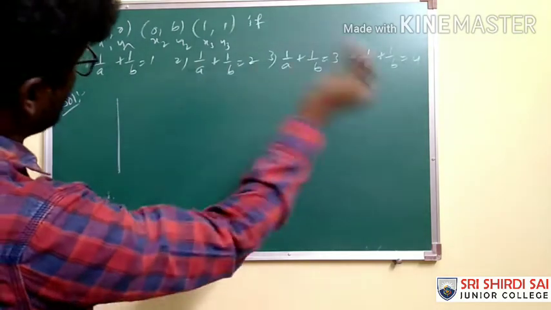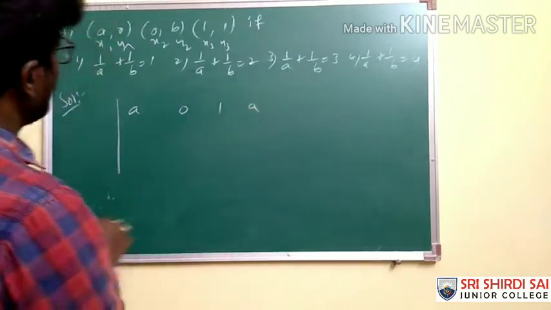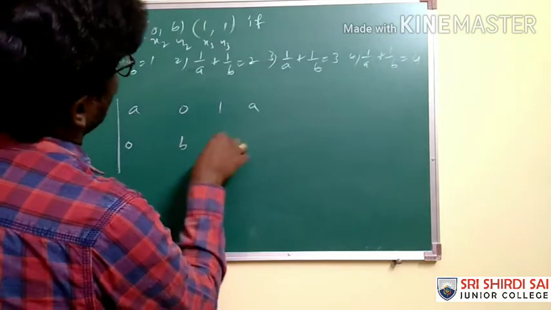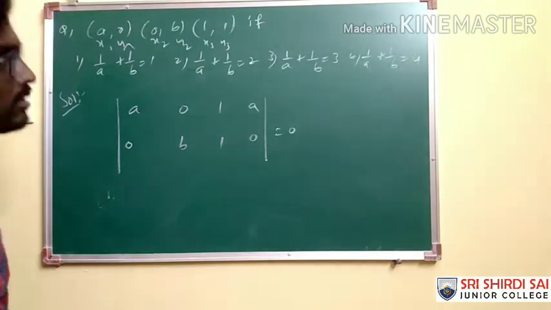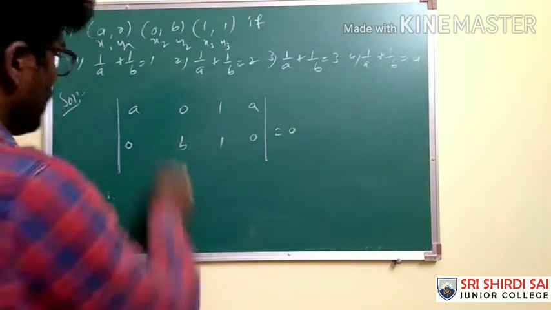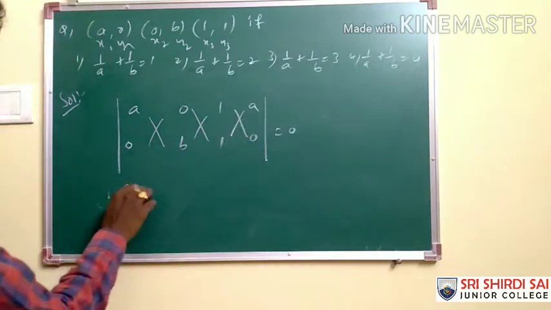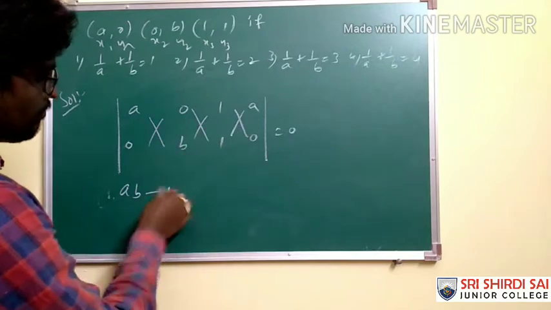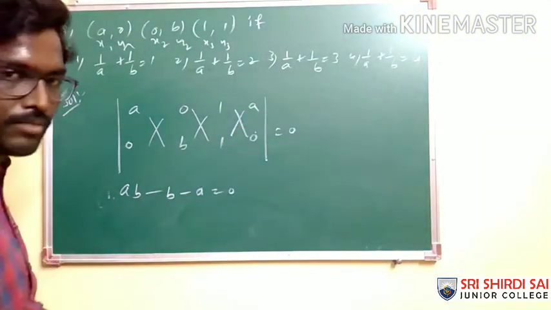That is a 0 1, a 0 b 1 0. It should be 0 because the points are collinear and hence the area of the triangle will be 0. Cross product, cross product, cross product. ab minus 0 we need not write, 0 minus b and 0 minus a is equal to 0.